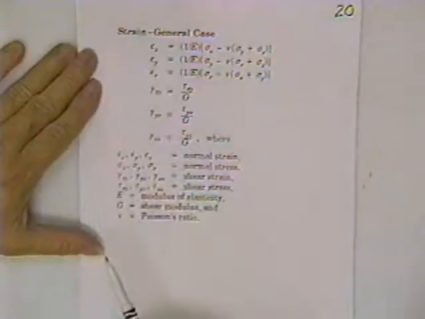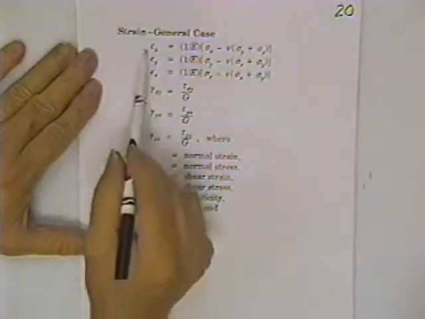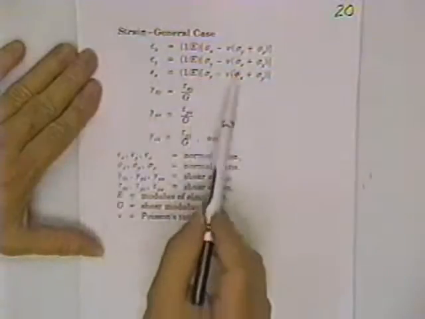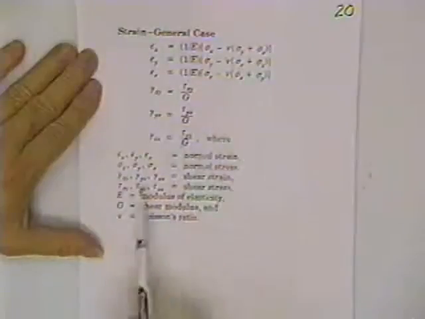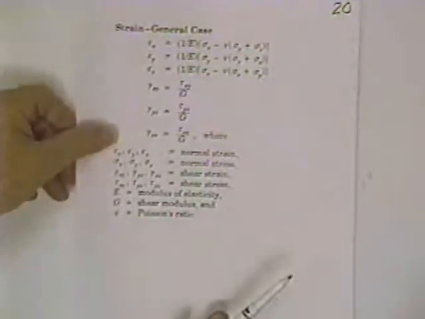I can't think of anything real easy to use it on, but this is for 3-dimensional strains. Here are your shearing strains. Here are your normal or tension or compression strains. They are related to the stresses, and here they are defined. Just know they're there, and if it gives you something that looks like that, well, head out this way and plug it in the equations.